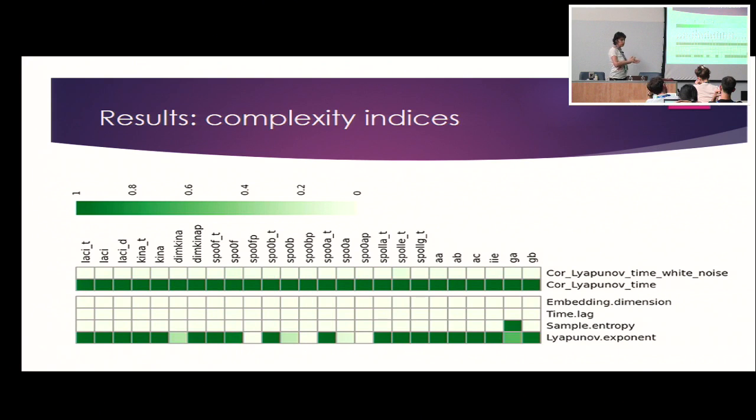So it's important to show the user that what we detect with the complexity indexes is not noise but chaos. So non-linearity of the Lyapunov coefficient in time is a sign of chaos with respect to noise, and so on and so forth. So a heat map is able to indicate to you which are the components whose dynamic is chaotic.